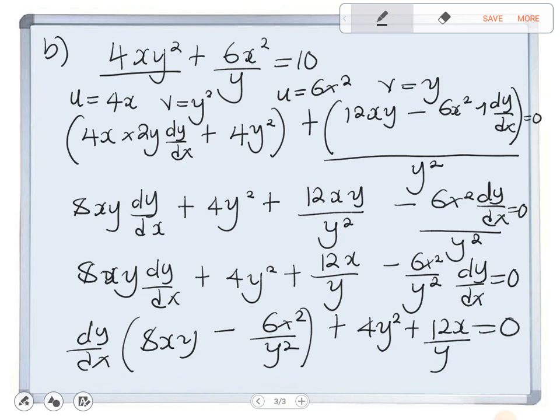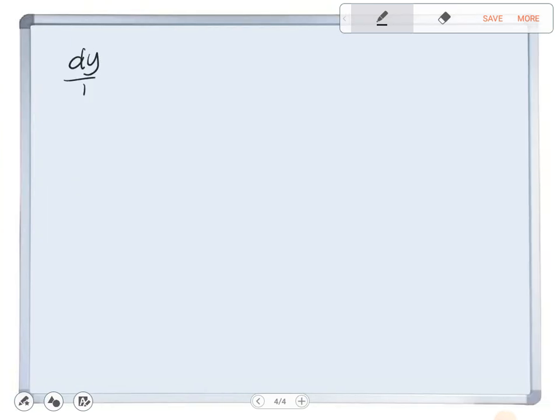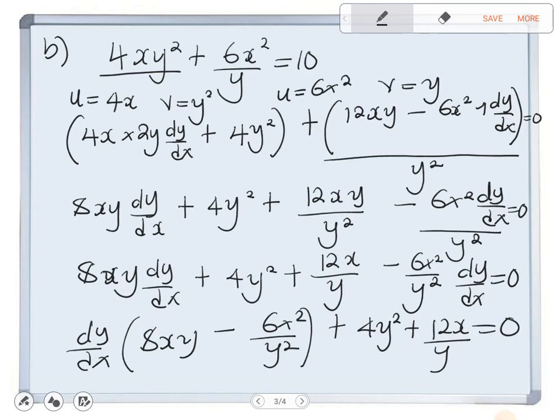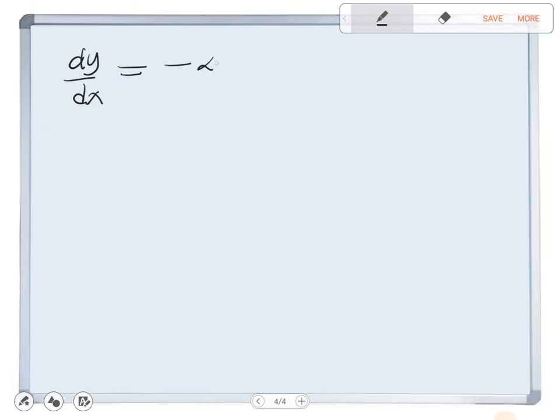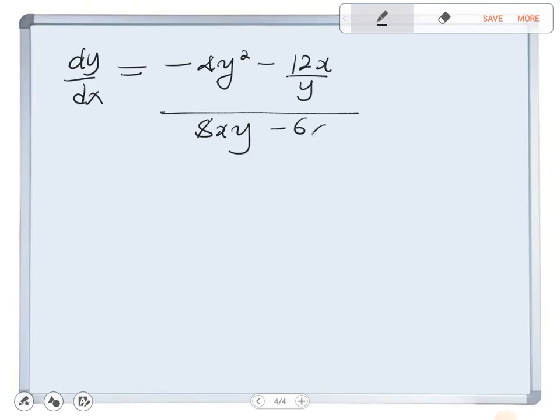Then these can be taken to the other side so that we can divide throughout. It's an interesting question. So dividing throughout, dy/dx equals negative (4y squared plus 12x over y) over (8xy minus 6x squared over y squared). This is your dy/dx.